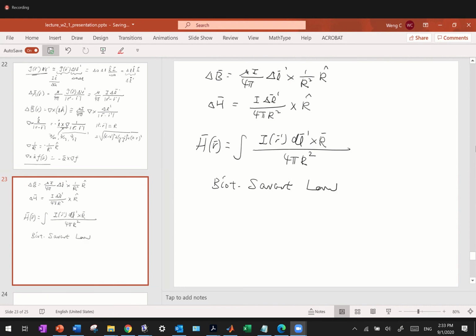The reason why I find this derivation interesting is because this was actually experimentally determined in the beginning, in the 1800s.